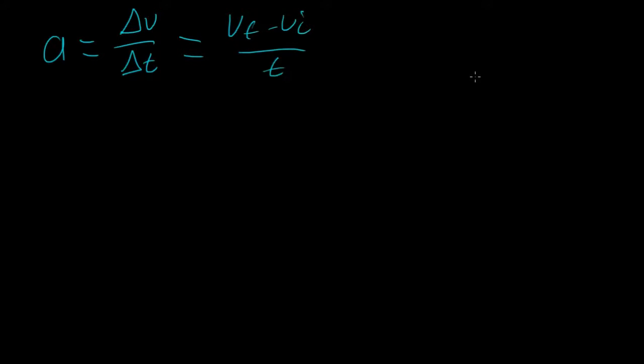All right, let's now consider the acceleration equation, which said that acceleration equals change in velocity over the change in time. Well, we know that change in velocity is really Vf minus Vi. So we can compress this and write a equals Vf minus Vi divided by delta t.